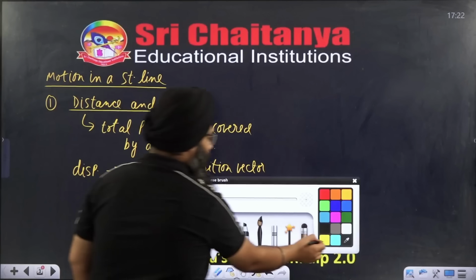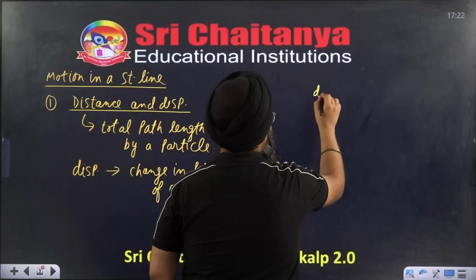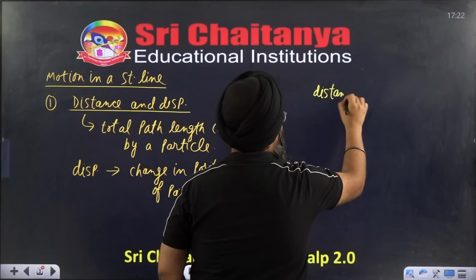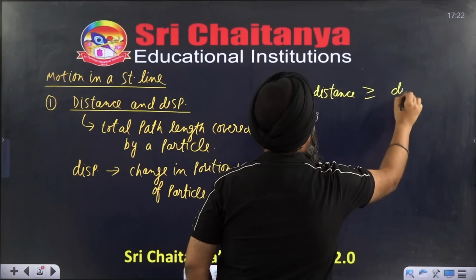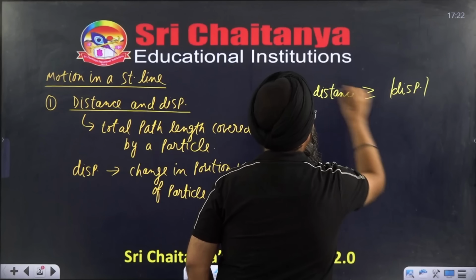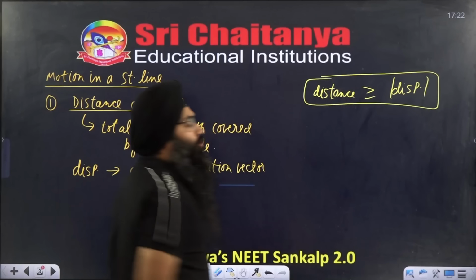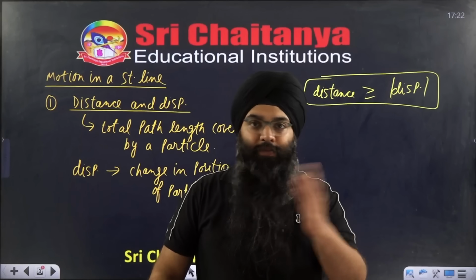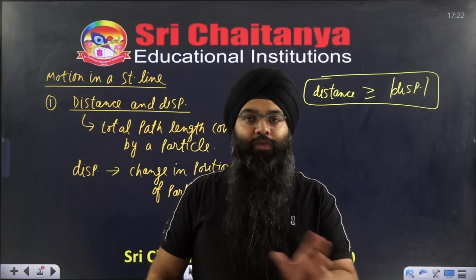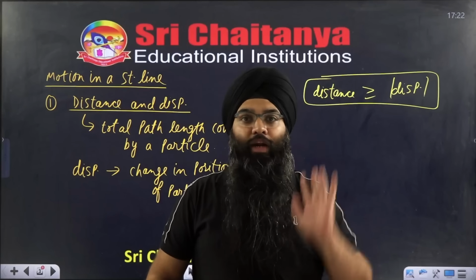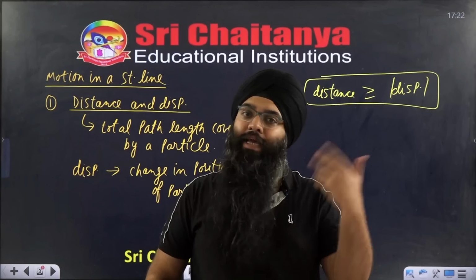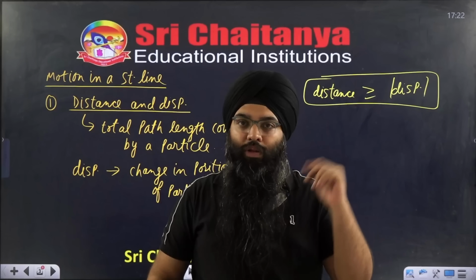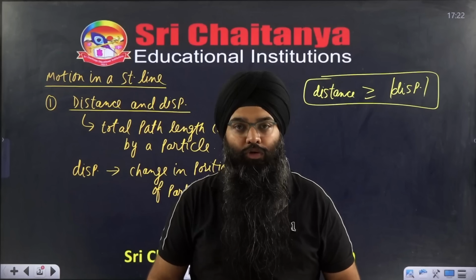But always remember one thing, that distance will always be greater than or equal to the magnitude of displacement, because displacement is nothing but change in position. So it will always be the shortest length from the initial point to the final point. But distance can take any value, it can be more than displacement, it can be equal to displacement also.